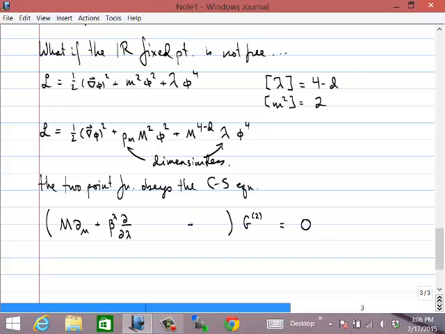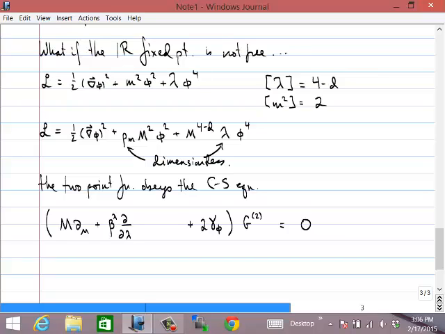We also had an anomalous dimension term that I called gamma. That just reflects the fact that our fields have some dimension. So this gamma phi was just the wave function renormalization of the fields as you change the renormalization scale.